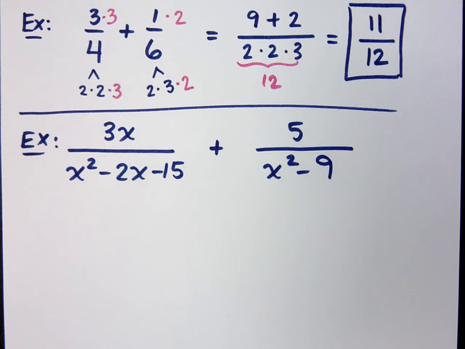If I look at this, and I know that I'm supposed to be adding, and I have to have common denominators, it's going to be more difficult for you to find the LCD when those denominators are not integers, but they're polynomials.